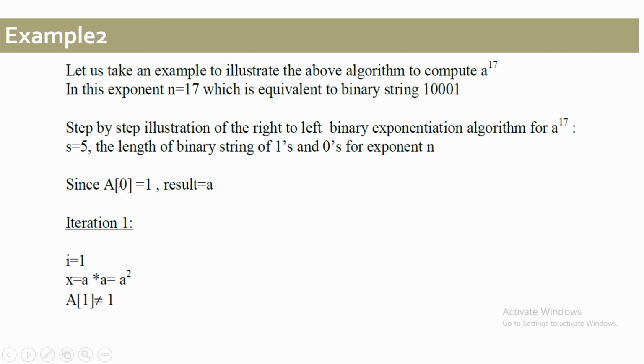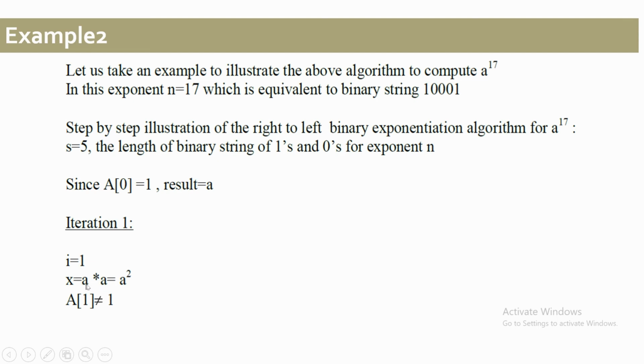Then I have to move one by one, and first of all, according to the algorithm, we will check a0. a0 is 1, so the result will contain a. Now the loop will go from 1 to n minus 1. So first of all, i will be equal to 1. At this position, x will be multiplied with x, and x contains initially a.